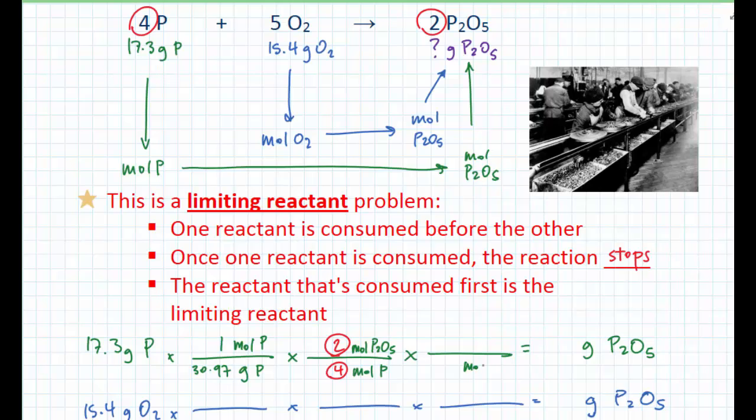Then moles P2O5 to grams. The molar mass of P2O5 I calculated as 141.94. Okay. The answer I got for that one was 39.6 grams of P2O5.